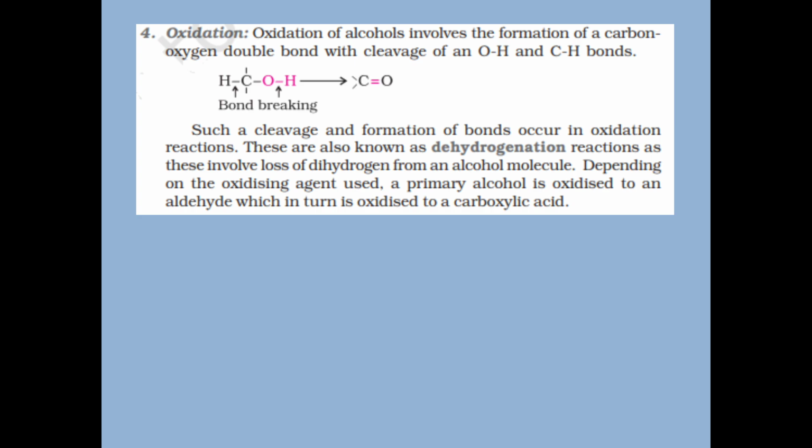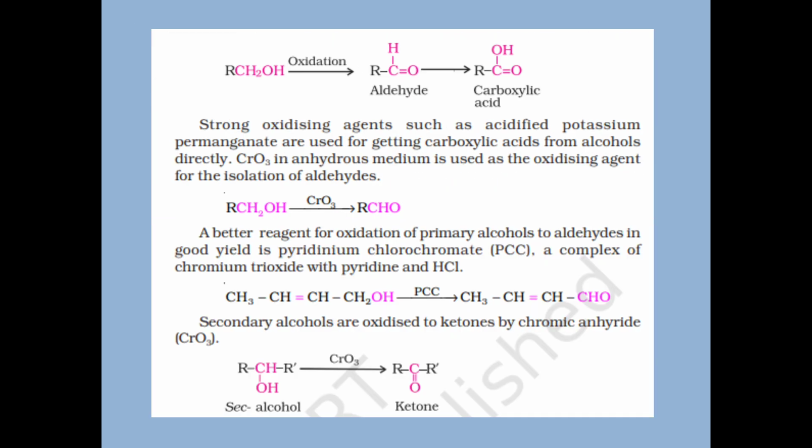Oxidation. Alcohol can be oxidized into carbonyl compounds such as aldehyde and ketone. Further oxidation can oxidize it into carboxylic acid. If we give chromium trioxide, primary alcohol will produce aldehyde.